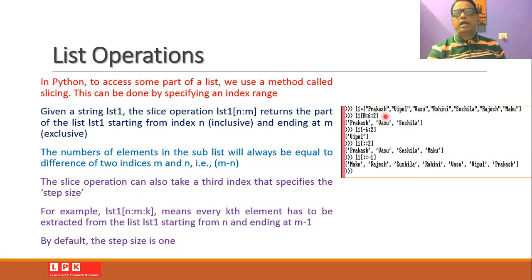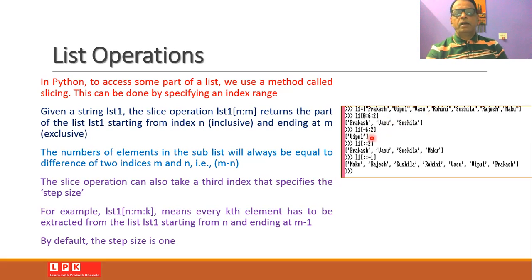So for example, if I write a list consisting of the elements Prakash, Vipul, Vasu, Rohini, Sushila, Rajesh, and Maku, and if I write L1 0 to 6 with step 2, then I will get the elements Prakash, Vasu, and Sushila. You will find that the step is 2. If I write L1 minus 6 colon 2, then I will get the element Vipul.